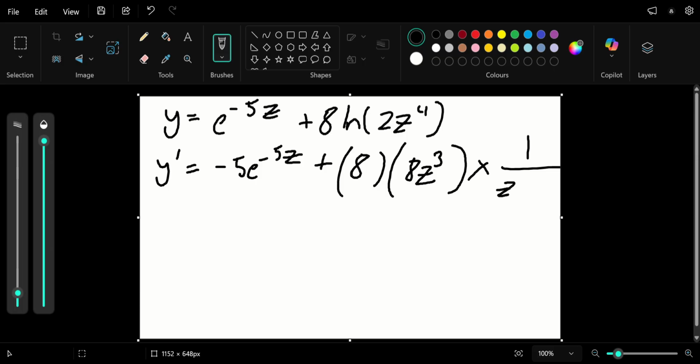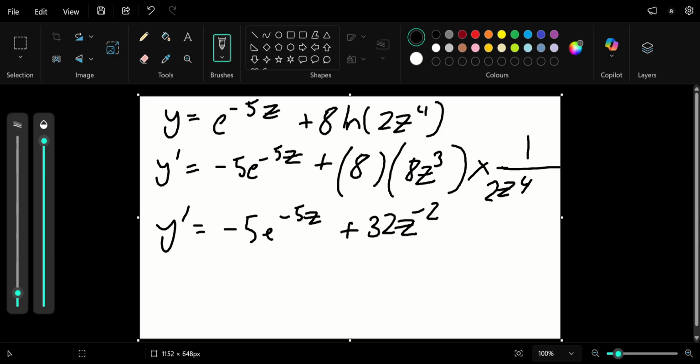And of course, multiply by 1 over whatever was inside the brackets. That's how we deal with logs. 1 over 2z to the 4. So y prime can be simply stated as minus 5e to the minus 5z plus 32z to the minus 1.